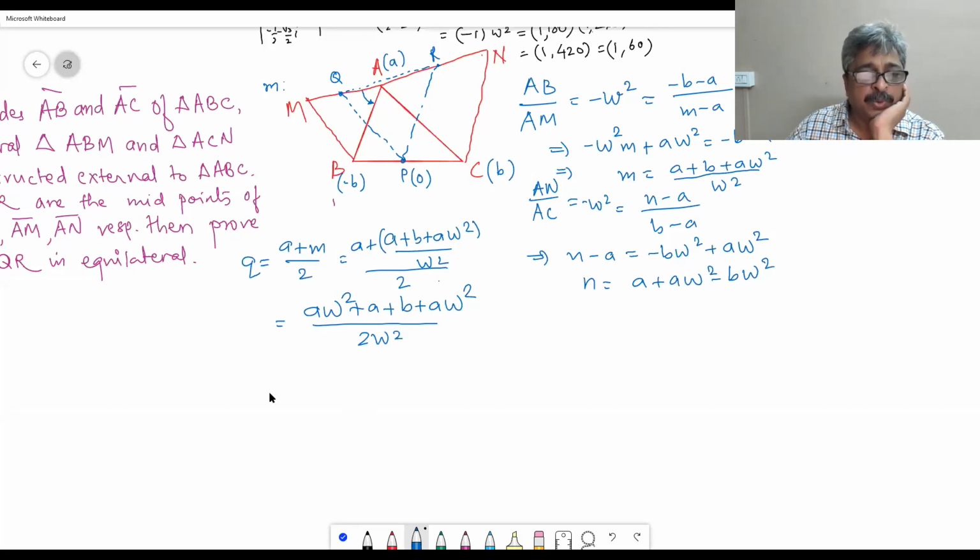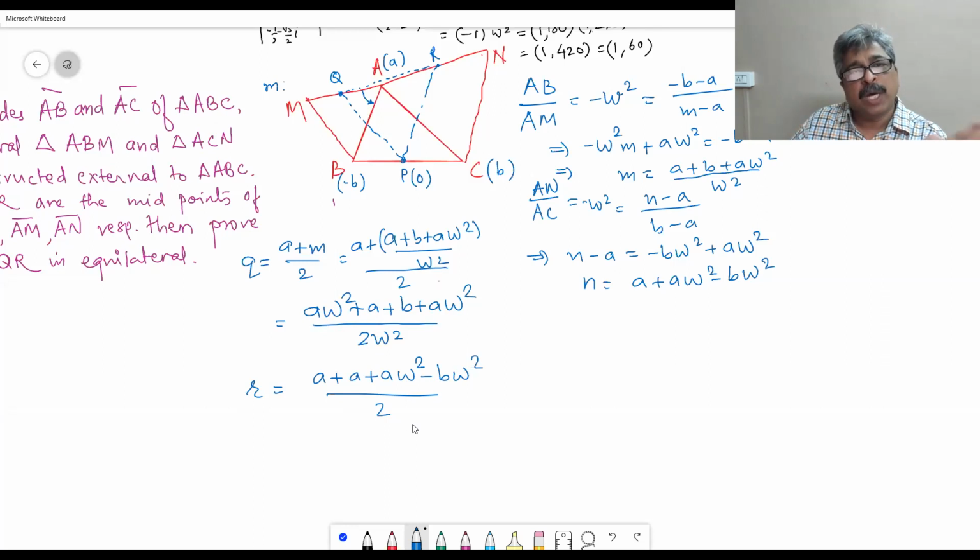That is your Q. And what is your R? R is equal to A plus N upon 2, so A plus A omega square minus B omega square upon 2.